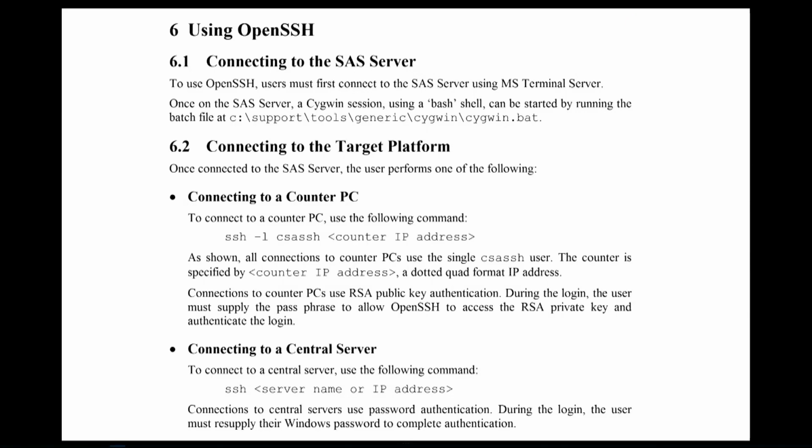Yeah, so this is connecting to counters or central servers. Yes, I remember doing those things. And then down the page to 6.2.1.